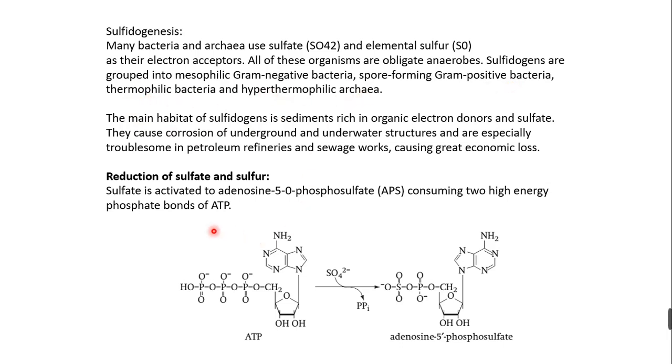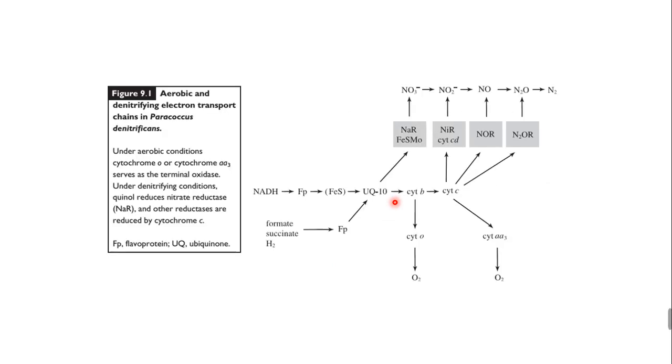So the first step is that ATP utilizes sulfur, and this is converted into adenosine 5'-phosphosulfate, that is APS. This is a high energy molecule, and the sulfur is activated in the form of APS.